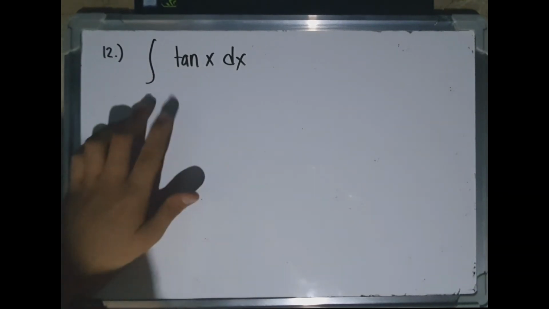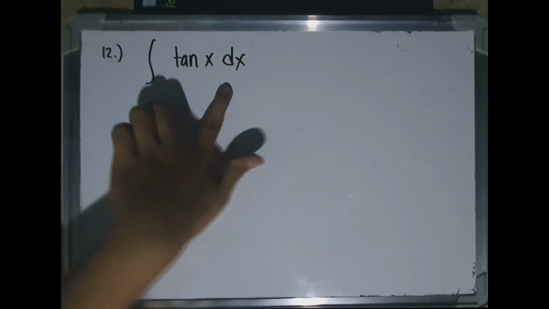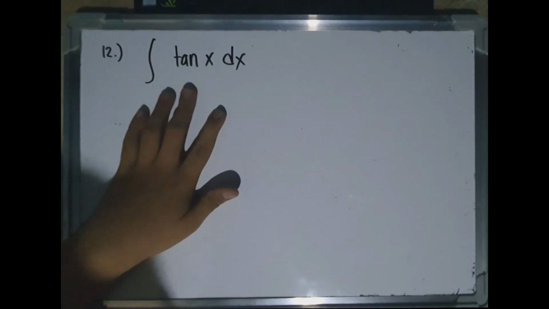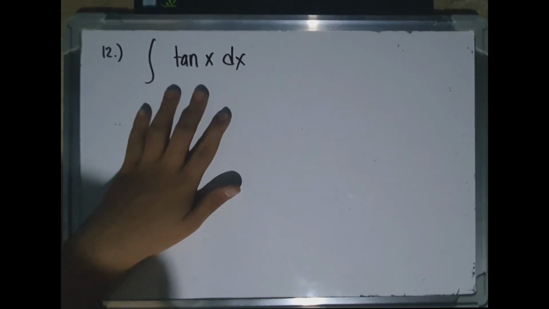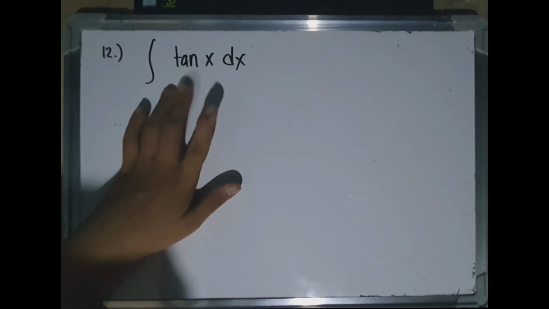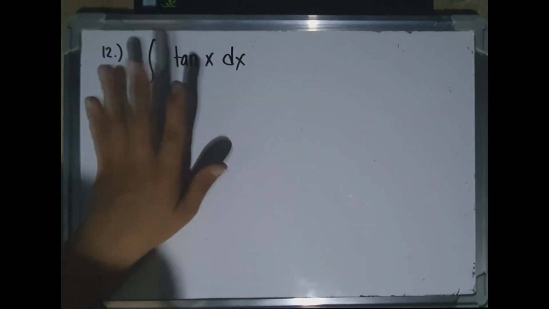So for number 12, we have the integral of tangent x dx. We don't have an immediate equivalent for tangent x dx from our previous formulas, even from the derivative, because the derivative of tangent is secant squared. We don't have secant squared here.